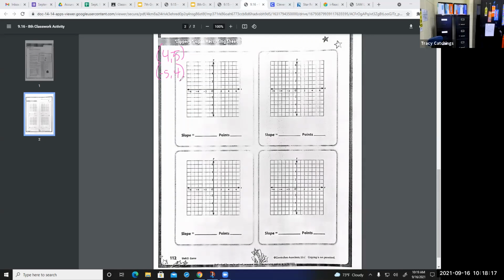So that'll be one of my points. Then I'm gonna roll the dice a second time to get a second point. How many points do we need? 2. After you get your 2 points, you're gonna graph them on that line. After you graph your 2 points, you need to find the slope. Questions about it? Red represents what? Green represents what?